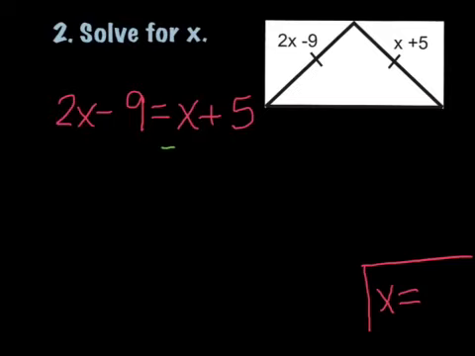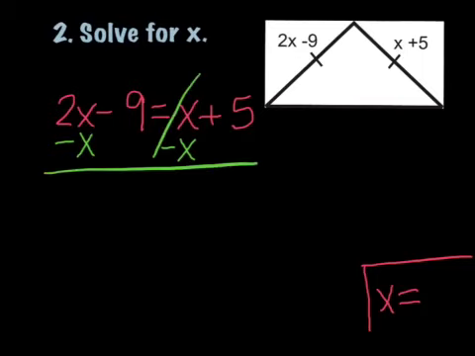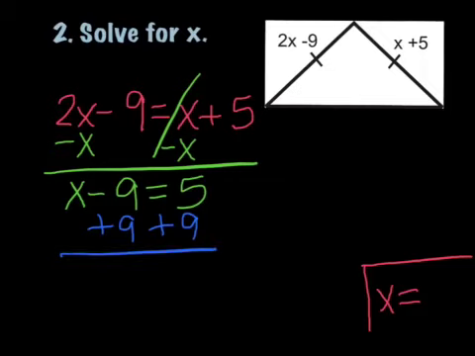So let's subtract the x to the other side. So we're getting our variables to one side. 2x minus x is 1x, or just x, minus 9 equals 5. Add 9 to both sides to get x by itself, and we end up with x equals 14.